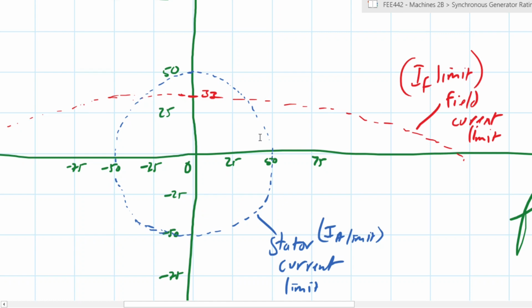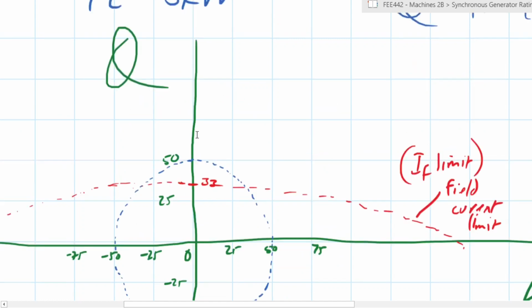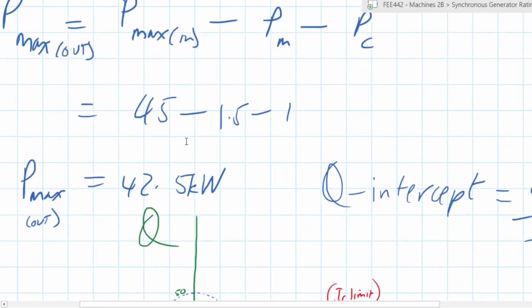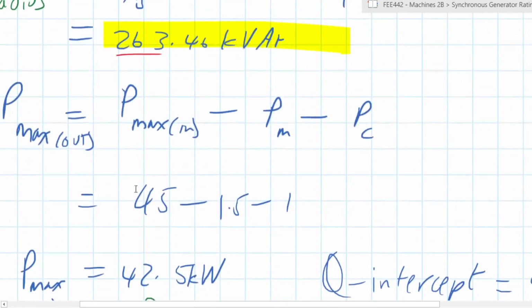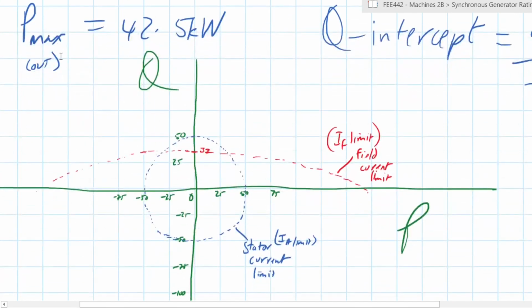Okay, and finally we will look for the prime mover limit, which has been indicated by the maximum output that we can have, which is 42.5 kilowatts. The reason for that, of course, is that the prime mover limit is 45, but you also have to account for mechanical losses and core losses. So the useful maximum power that you can have is 42.5.